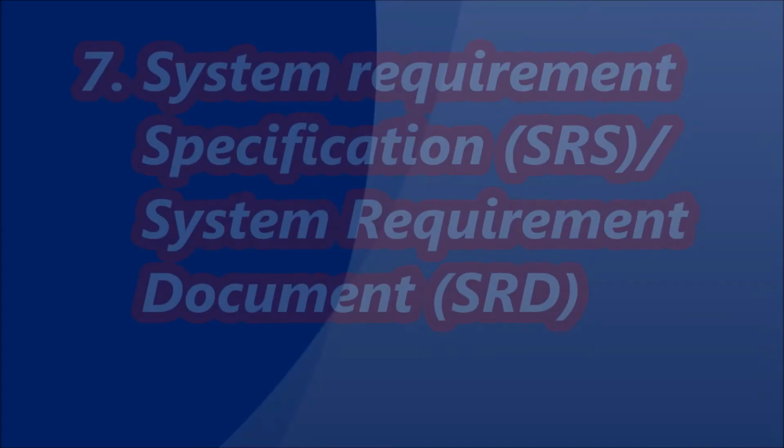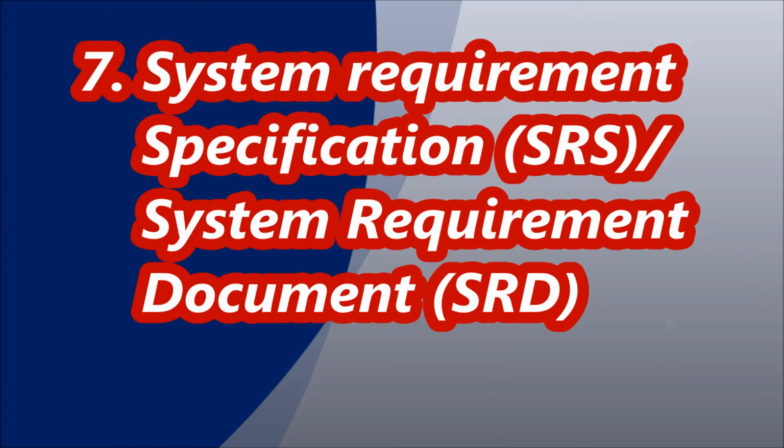System requirement specification, SRS, or system requirement document, SRD, is a detailed document containing information about how the complete system has to function and enumerates hardware, software, functional and behavioral requirements of the system. This document elaborates the requirements from the perspective of observational behavior only and doesn't consider technical or design bias.